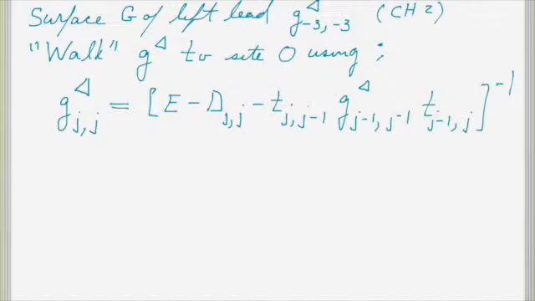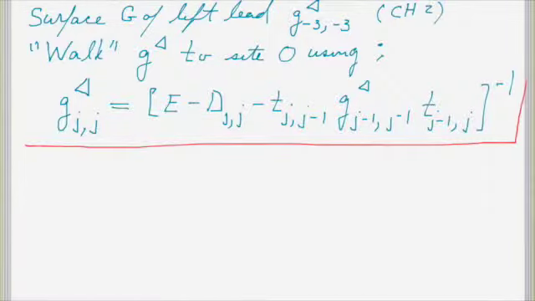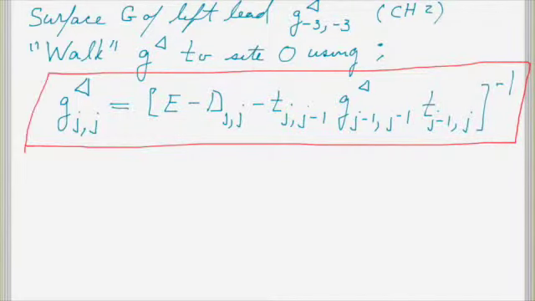So this is a generic equation for moving the left connected Green's function across your device, moving it one node to the right.